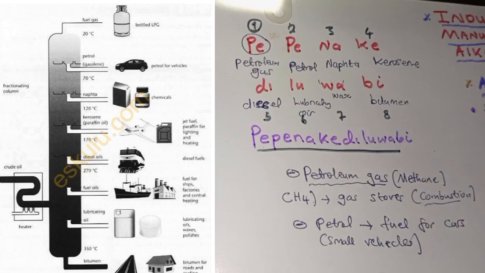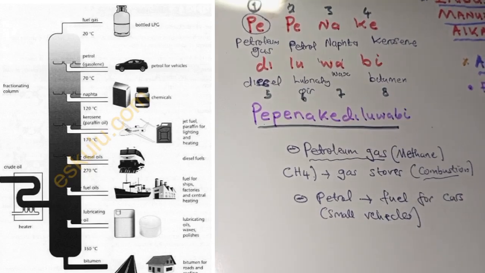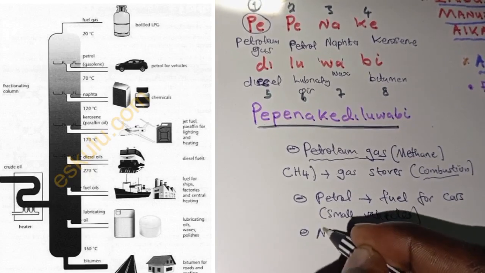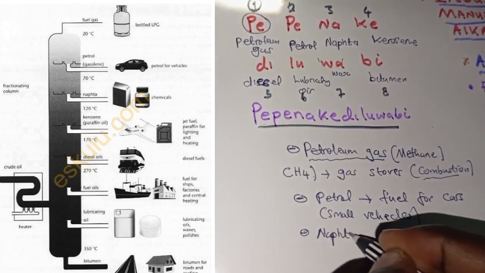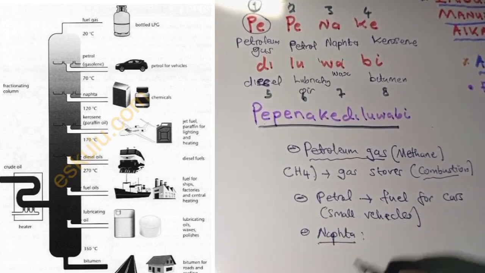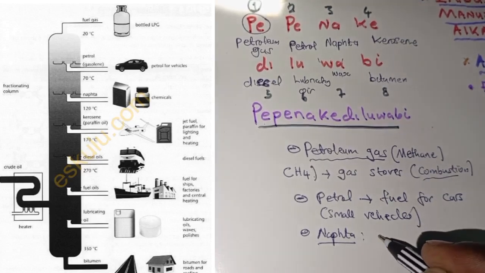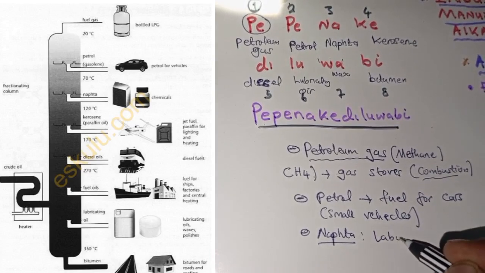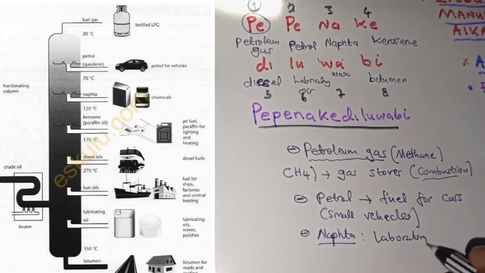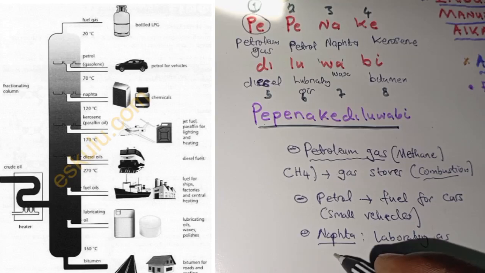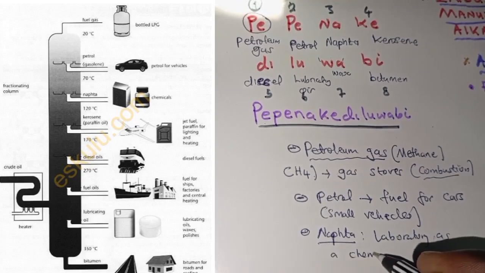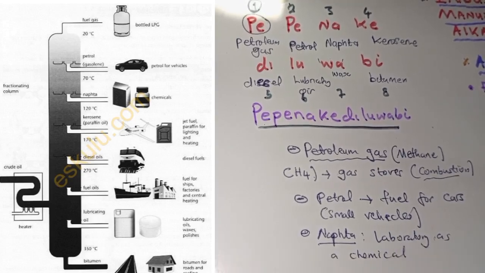Then you go to naphtha. Naphtha is simply used in laboratories as a chemical.